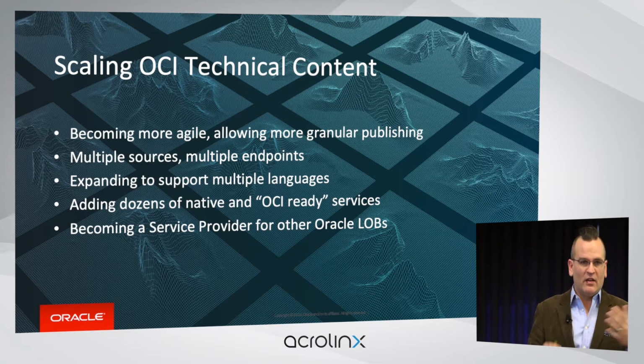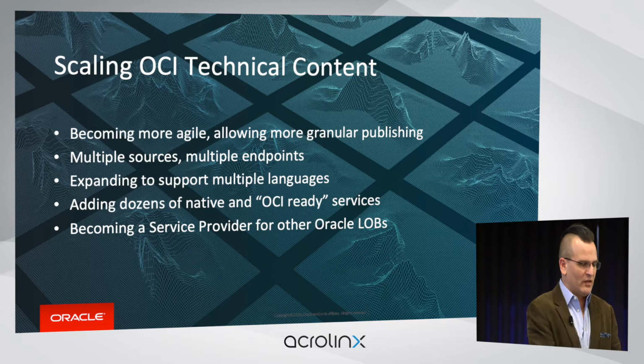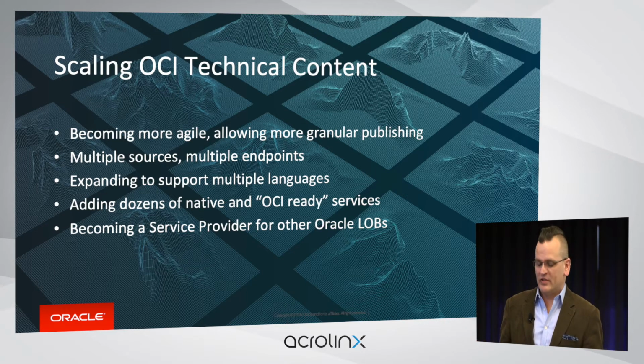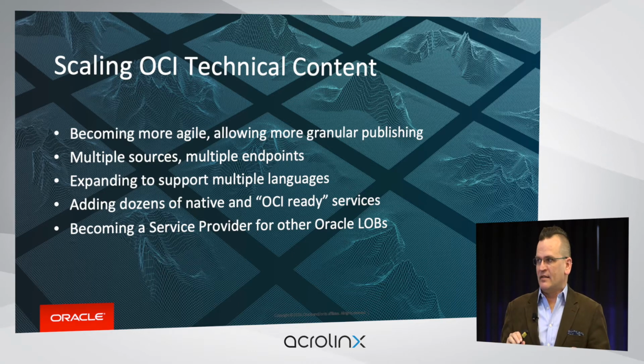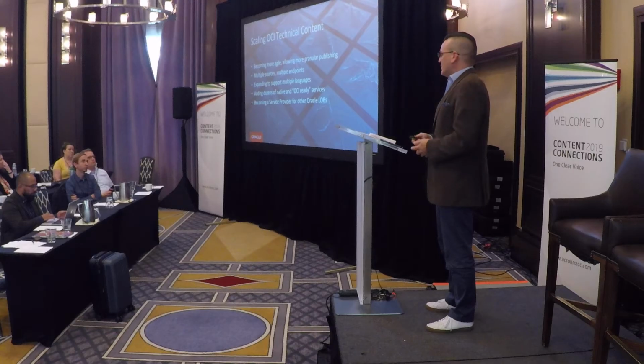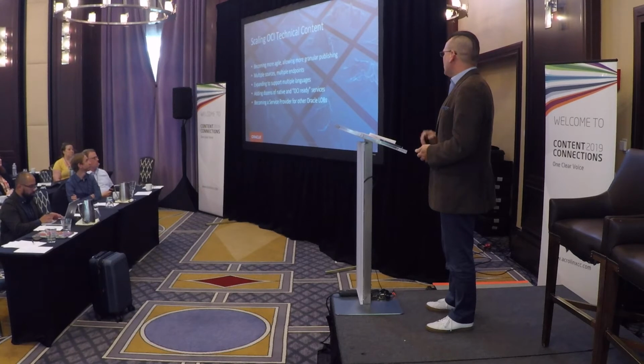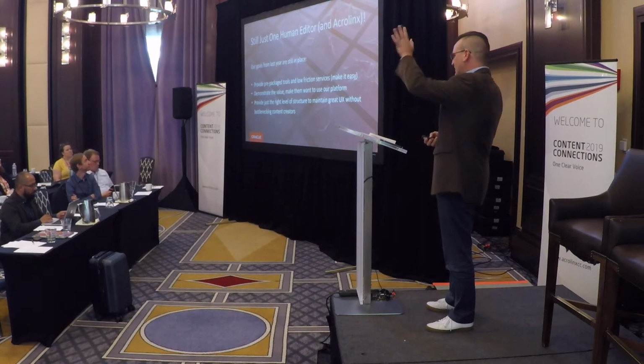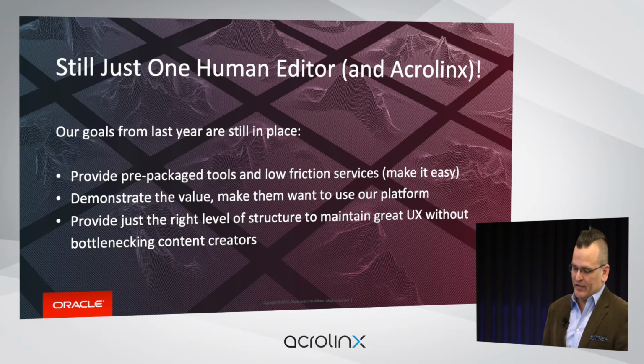So we have to scale the content, we have to scale the infrastructure, we have to scale the governance, we have to scale in so many directions right now that I think of it as three-dimensional. It's the only way I can describe it. So we're still doing it with one editor. Hi, Kelly. And we're doing it with Acrolinks.